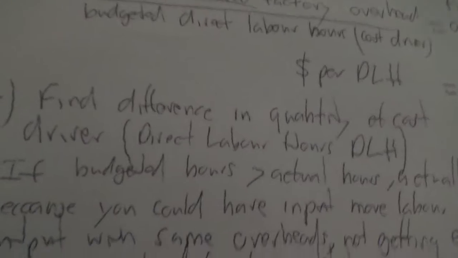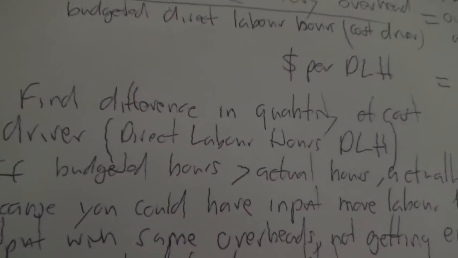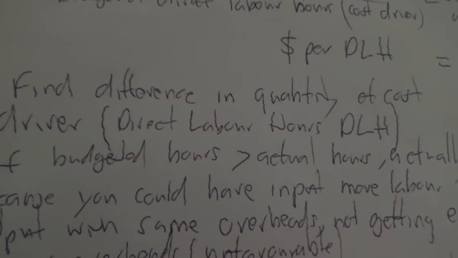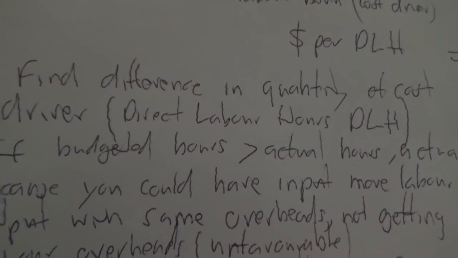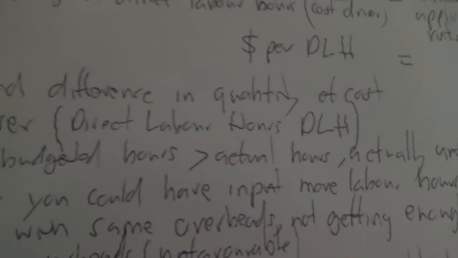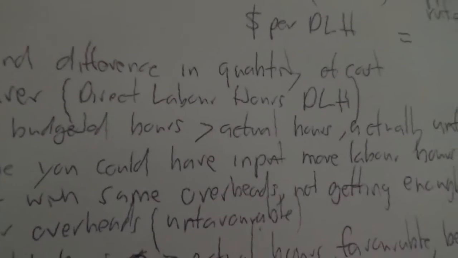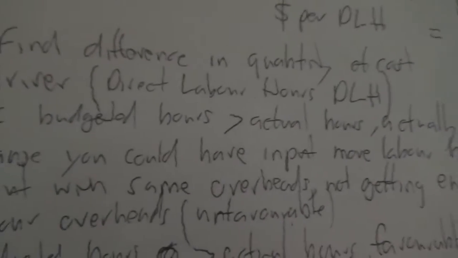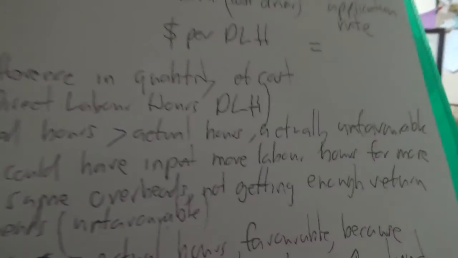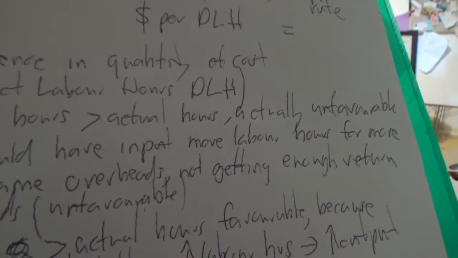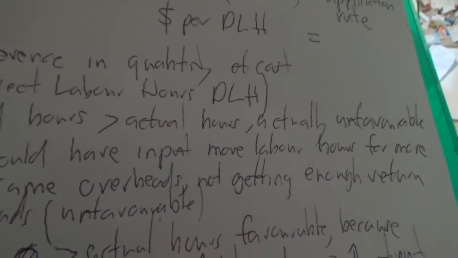Step 2, you find the difference in the quantity of cost driver, that's your direct labour hours. That's a quantity, not a monetary measurement. If the budgeted hours is greater than actual hours, that's actually unfavourable.